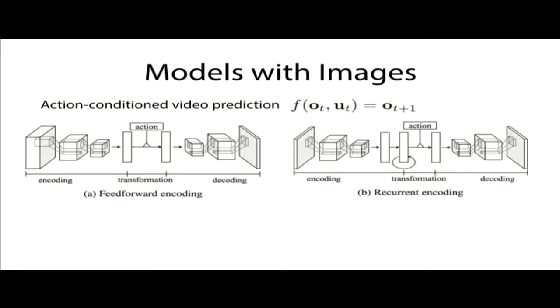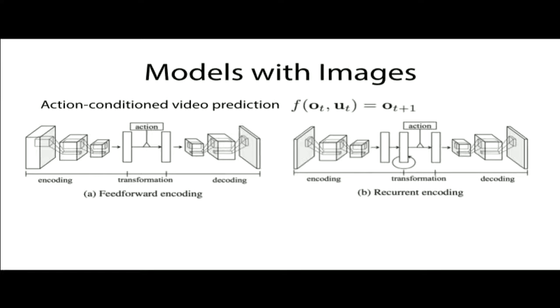They concatenate the action to the lower dimensional state, and then decode that state back to the next frame. So this is mapping from the past k frames and the current action to the next frame through a feed-forward neural network.